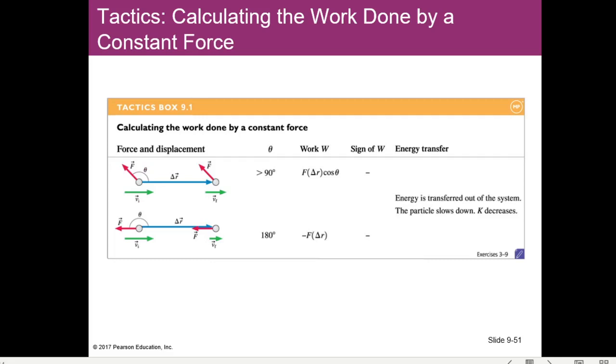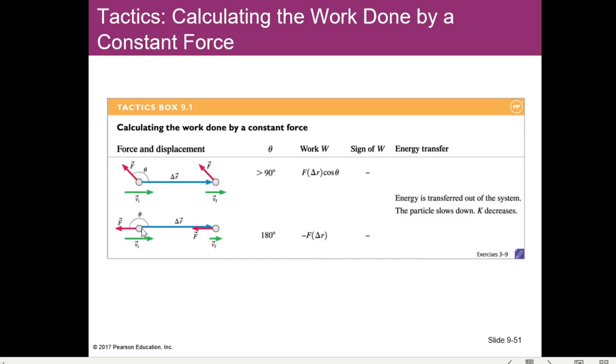All right. What if the angle theta is bigger than 90 degrees? Well, in that case, you can see that the projection of the force arrow along this axis actually gives you a negative number. This amount of the force here would be opposite to the direction of the displacement. So that means that the work is actually negative because it's going to be slowing the particle down.